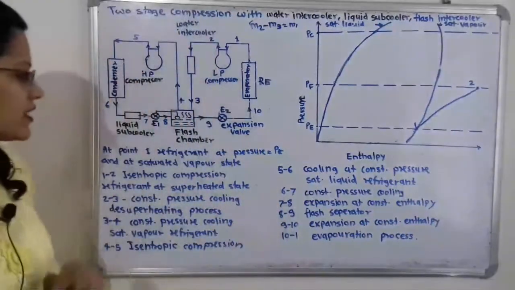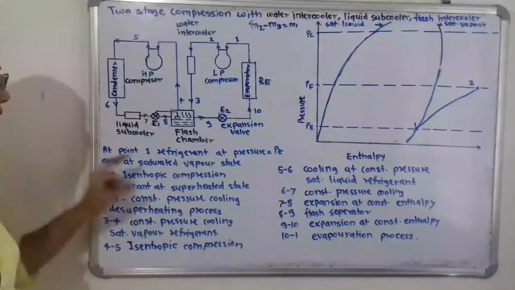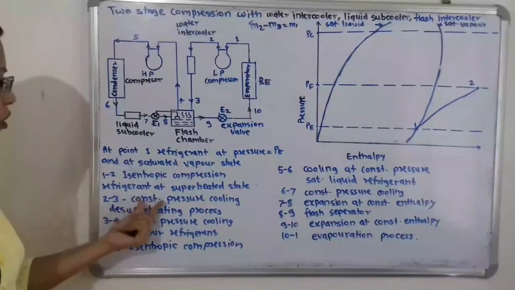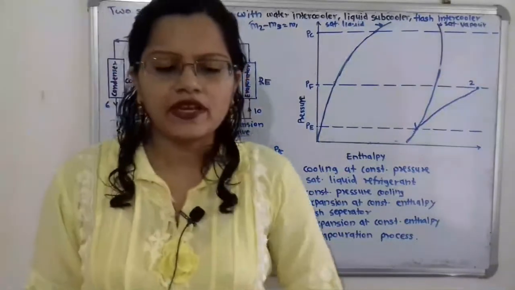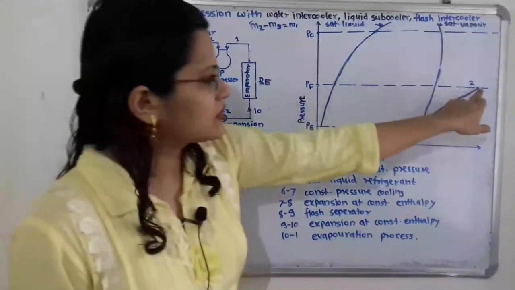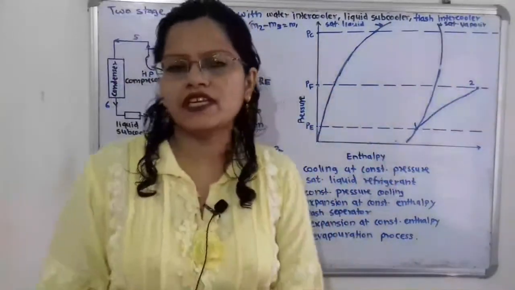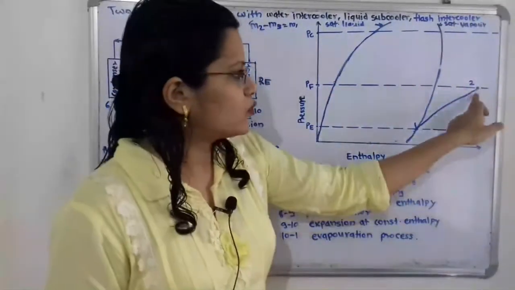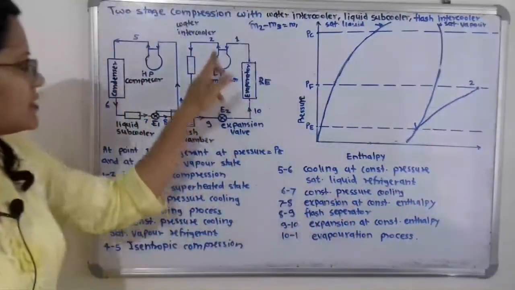Now we will move to the next process. What is happening next? Here is constant pressure cooling. If we observe the condition of the refrigerant, it is in the superheated state at point 2. Now the cooling process is taking place.